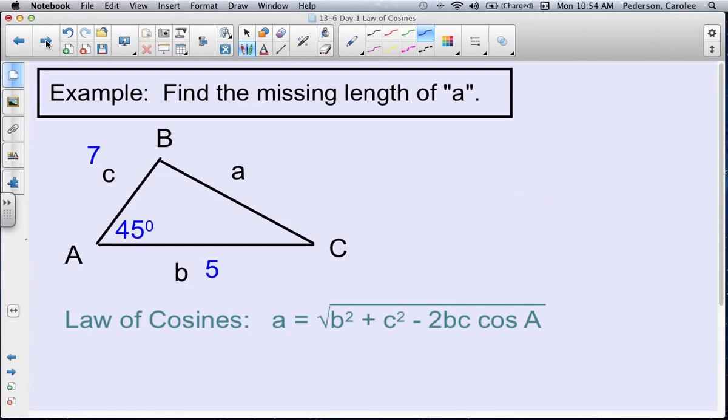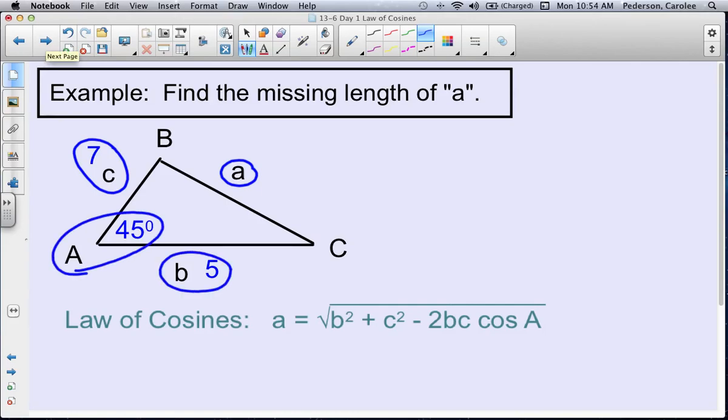All right, here's our first example. We want to find the missing length of A. So we're given side C, side B, and angle A, and we substitute those three pieces into the law of cosines formula.